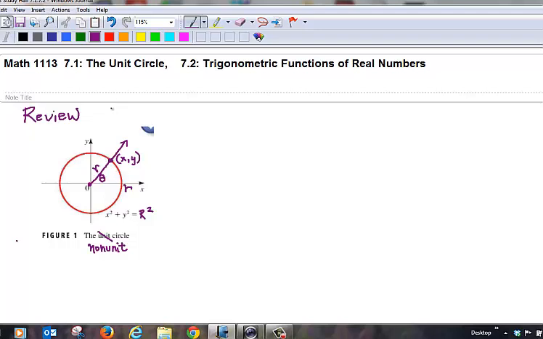So keep in mind that r squared is just x squared plus y squared. You can call that the Pythagorean theorem if you want to draw a little triangle, or just apply the equation of a circle here. Same difference. And we've already established that the sine of my angle theta will be y over r.